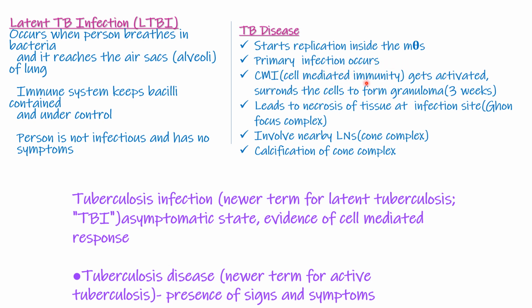The cell-mediated immunity gets activated and surrounds the cells to form a granuloma, which leads to necrosis of the tissue at the infection site, that is the Ghon focus. If lymph nodes are involved, you form a Ghon complex, and this Ghon complex could calcify, which could be identified on a chest X-ray.